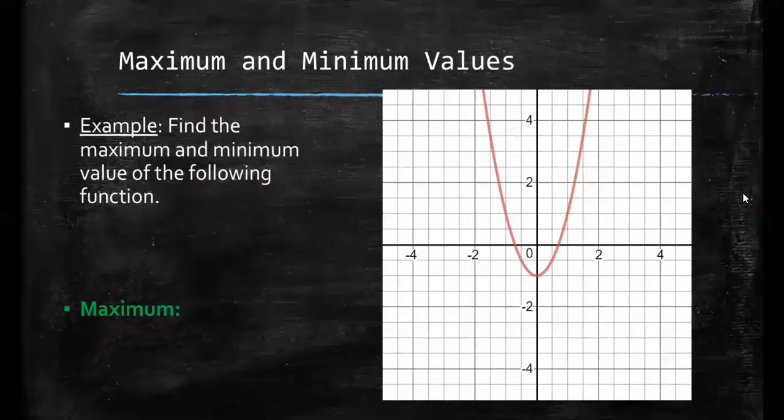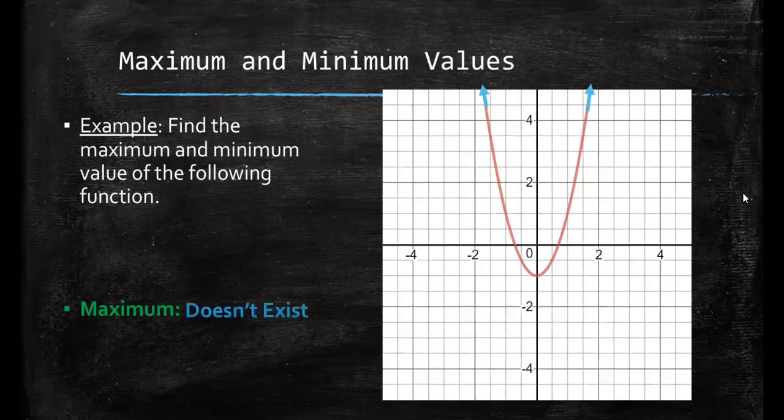So because the graph goes on forever, we assume that there are those arrows there that make it go up forever. As we think about what's the highest value this graph can reach, there isn't a highest value. It goes on forever. Now, when we were talking about like domain and range of graphs before, we used infinity for that. But here, that maximum infinity is not a number. So what we're going to say is that the maximum doesn't exist to represent that it goes up forever.